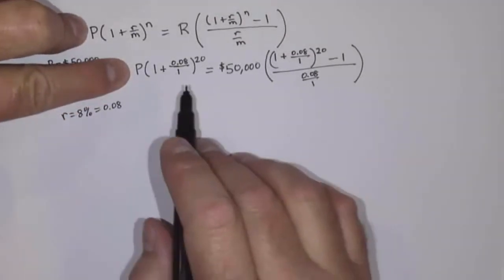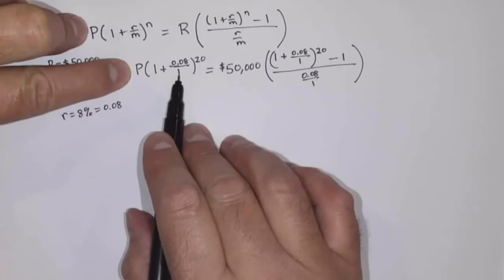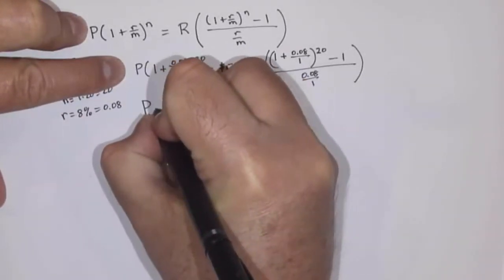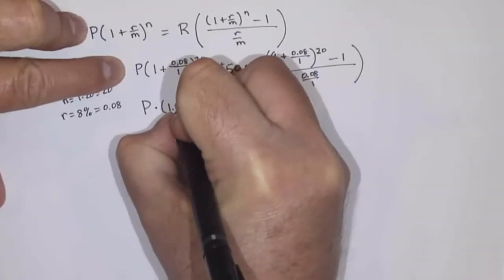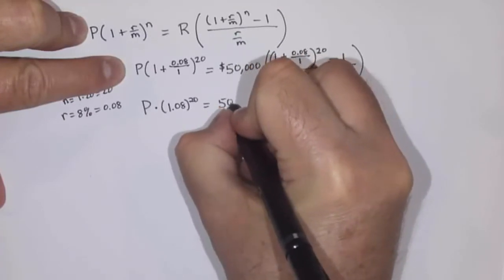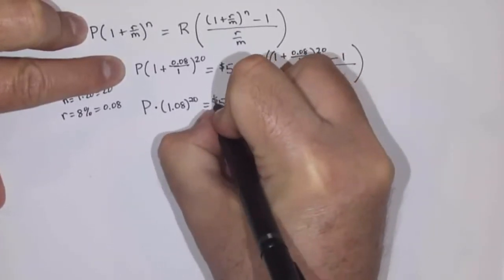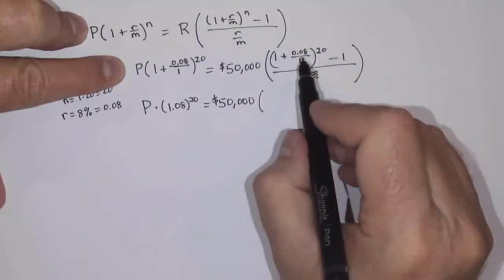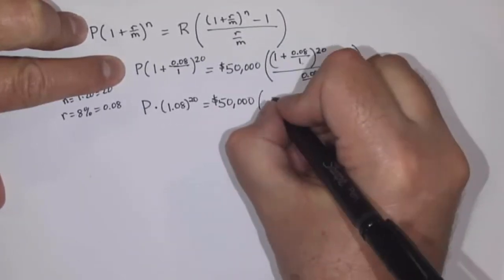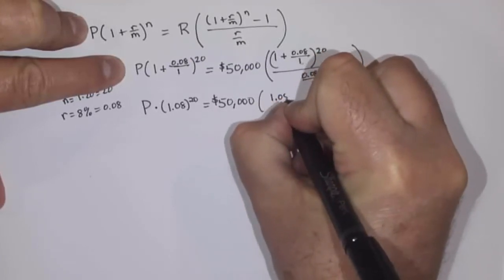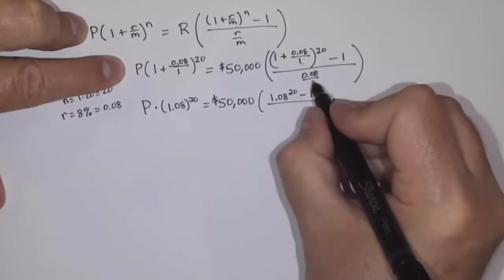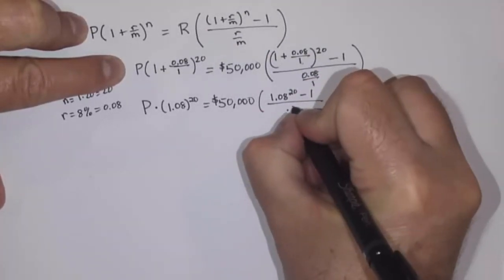Now if I clean this up just a little bit, 0.08 divided by 1 is just 0.08, and if I add 1 to that, that's 1.08. So I'm going to have P times 1.08 to the 20th power is equal to 50,000 times the same kind of deal here. 0.08 divided by 1 is just 0.08, and so I have 1 plus that, which is 1.08 to the 20th power minus 1 over 0.08 divided by 1 is 0.08.